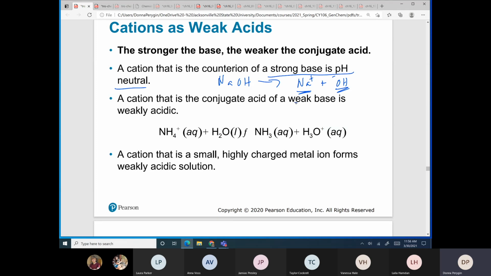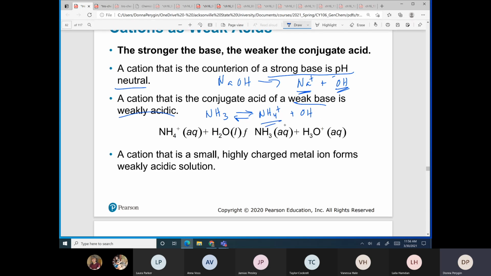The cation of a weak base is going to be weakly acidic. So remember that NH3 plus H2O goes to, and this is reversible, NH4 plus and OH minus. So the cation here is weakly acidic because it can actually increase the H plus concentration in solution. If you look at the reverse reaction, NH4 plus plus H2O goes to NH3 plus H3O plus.